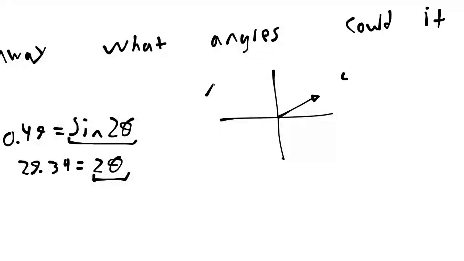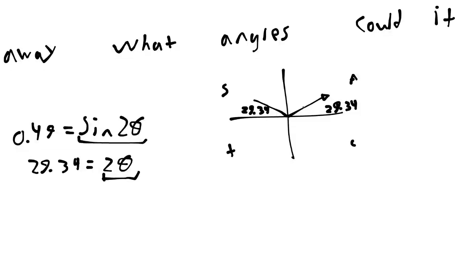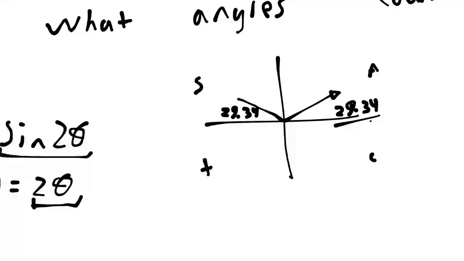If you remember the CAST rule, C-A-S-T, 29.34 is right here. But it's half of that. So it's half of this number right there, divided by 2.